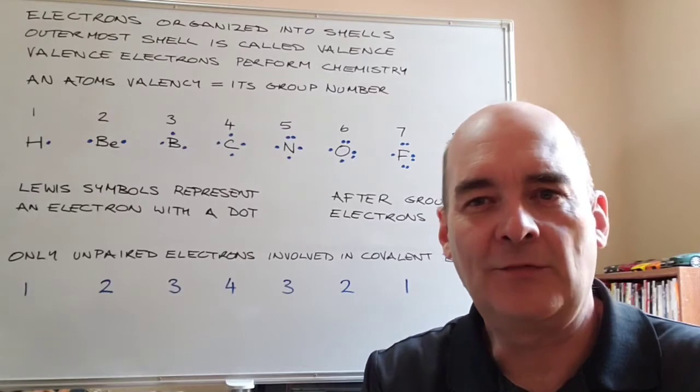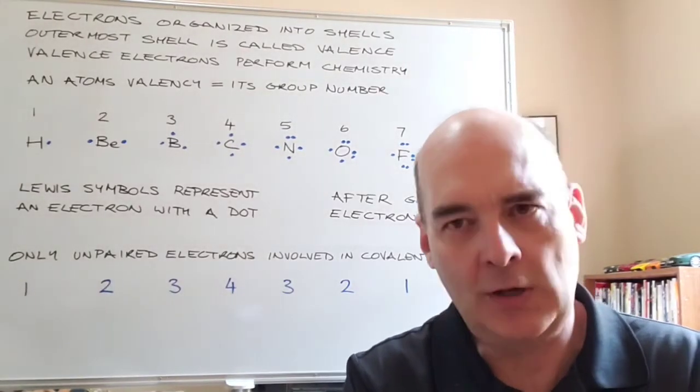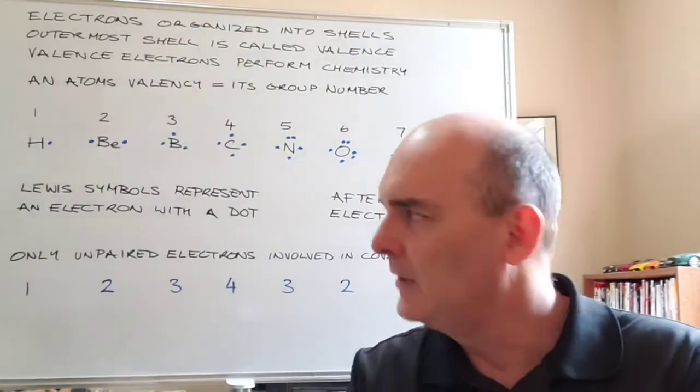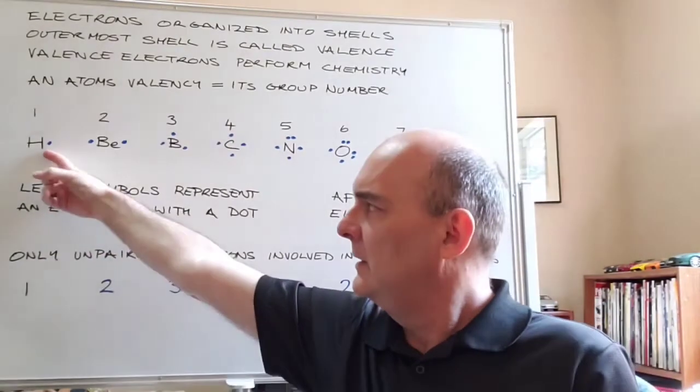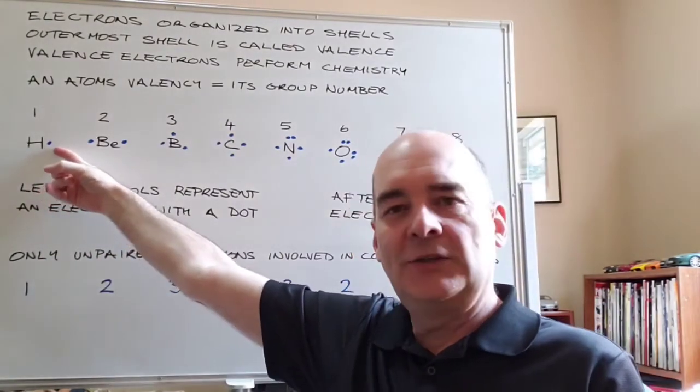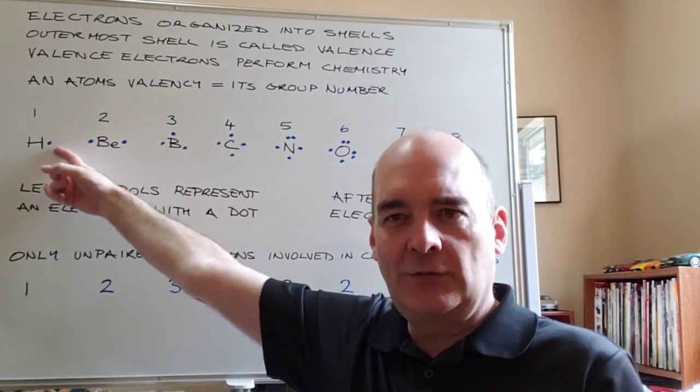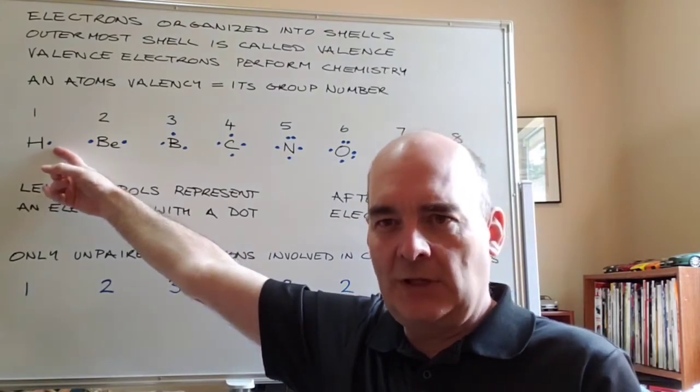So we can invent a symbolism, they're going to be called Lewis symbols, that just give us the elemental symbol and then a dot, and each dot represents a valence electron.